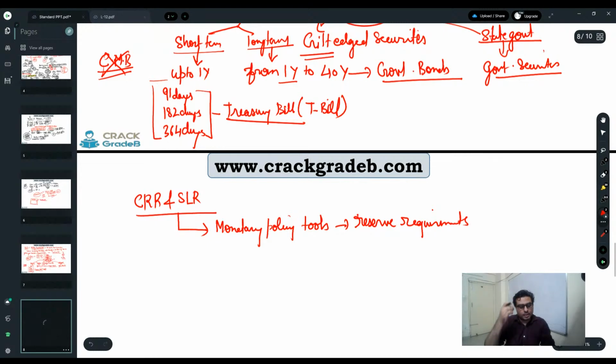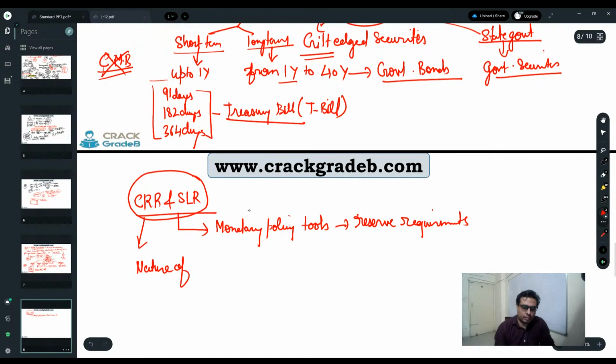But these CRR and SLR also reflect the nature of a country's economy, whether it is socialist, mixed, or kind of capitalist.